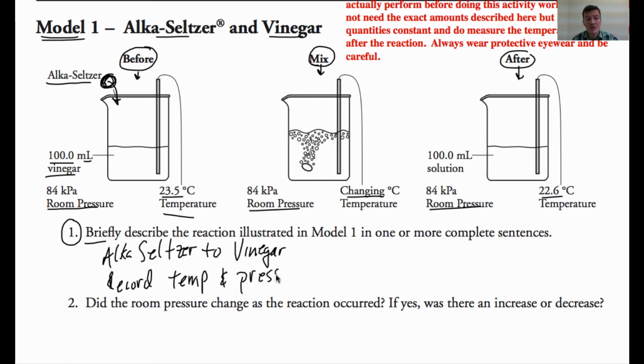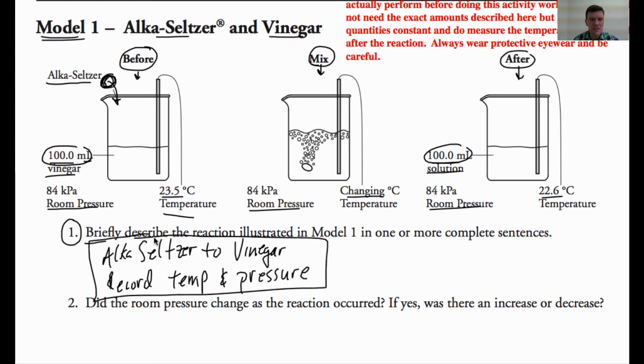That would be the room pressure. And you have a set amount of vinegar that does not change. The adding of the Alka-Seltzer actually might change the volume of the solution slightly, but it's really insignificant. That's all we really need to understand at this point.